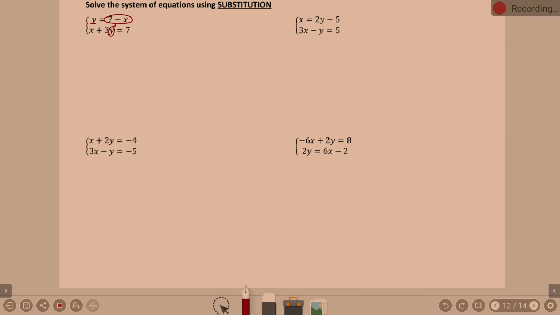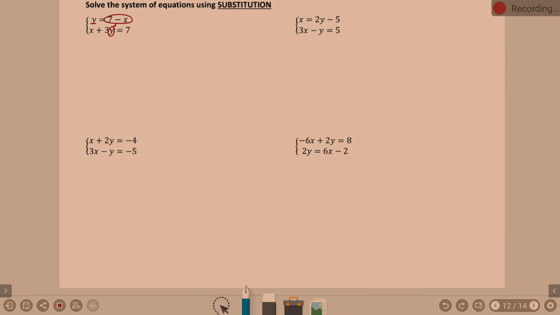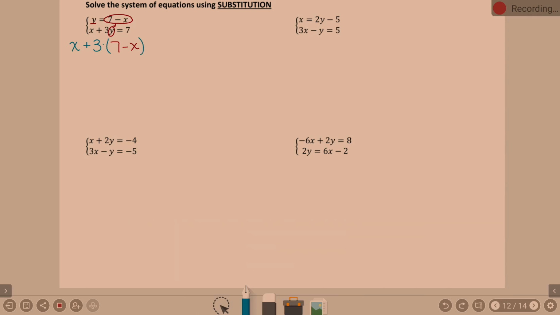Okay? So, let's rewrite that bottom equation. My bottom equation is x plus 3 times y. What did I just say y was? 7 minus x. So notice it's x plus 3 times (7 minus x) equals 7.